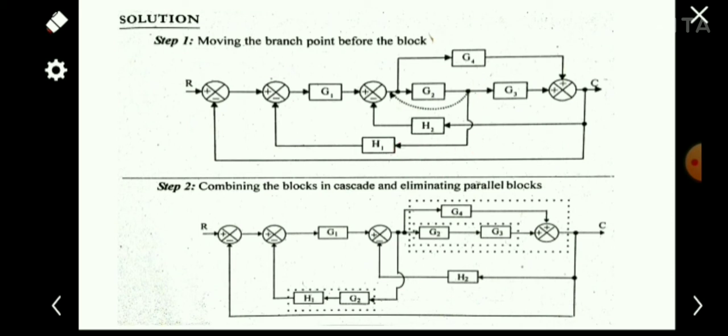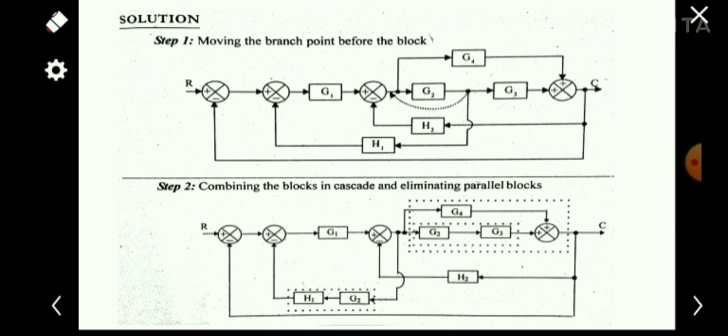If you take a branch point from here, we get a signal multiplied with G2. If you move this point before this G2, the signal will not get a chance to multiply with G2, so we have to add a G2 in this line. You can see here, we have just moved the point and added a block G2 in the same line.